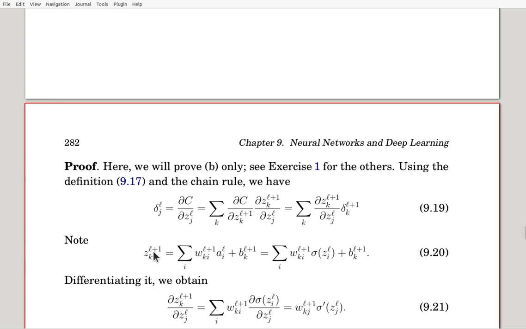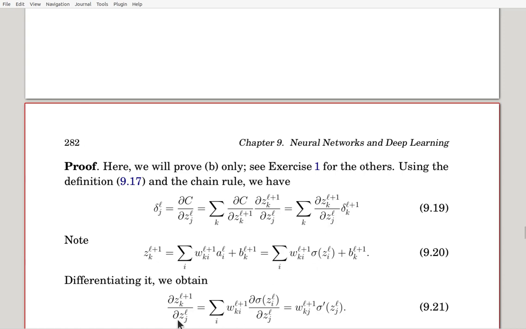z_k^{L+1} comes from the feed forward network we defined in this way, and that can be replaced by the sum over i of w_{ki}^{L+1} σ(z_i^L) plus the bias.